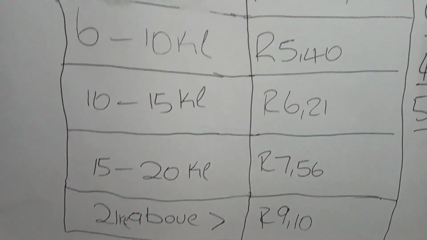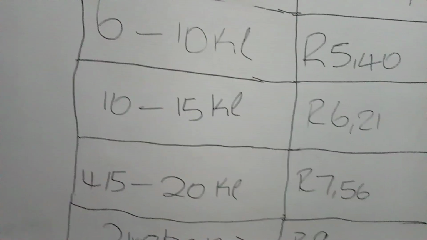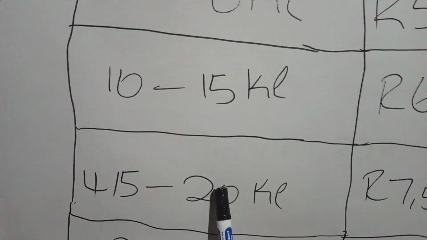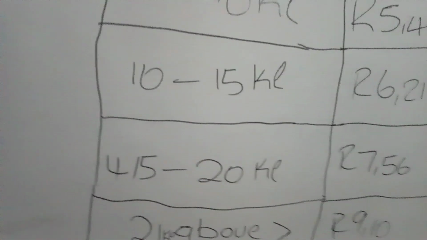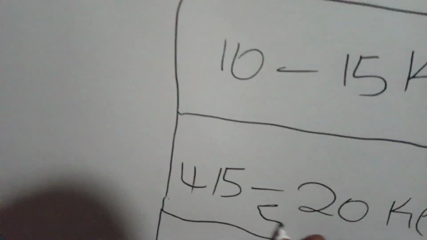When we return to the table, we are on block 4. Since we are on block 4, we know that from 15 to 20 takes 5. But because we're left with 1 kiloliter, we're not going to use 5.